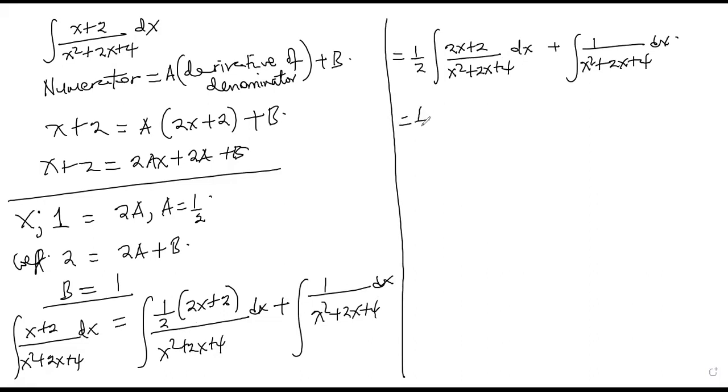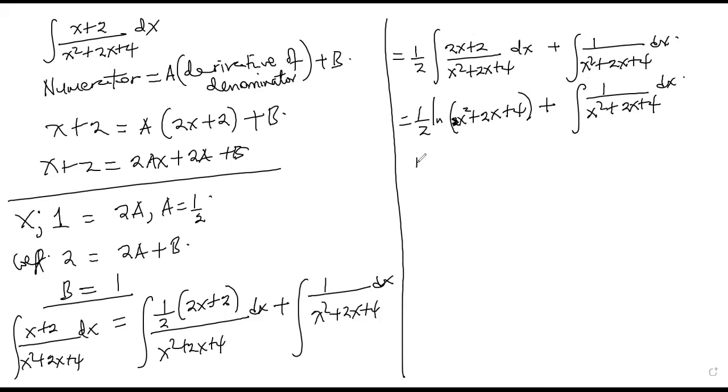This is going to be a half ln, the derivative of this is this, so ln of x squared plus 2x plus 4, plus the integral of 1 over x squared plus 2x plus 4 dx. Then I need to work on this, I need to complete the square here.